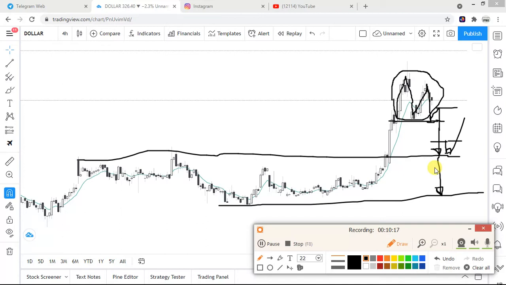So here, if you have made this one, what you should do to make entry is come up to the small time frame and see where to enter. The problem of many traders is where they can make entry and where they can make exit.